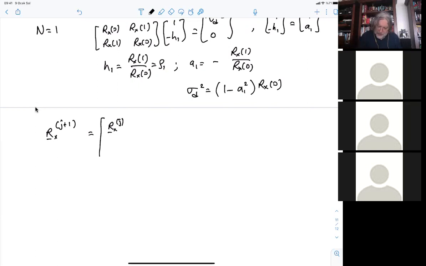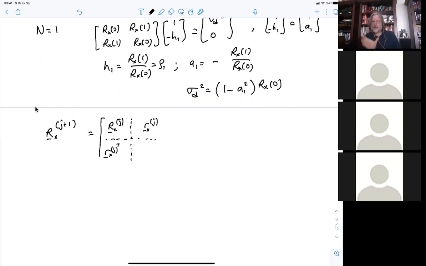So it's a matrix, and it's augmented from the right hand side with a column vector, and that same column vector transposed, let me put a T here, transposed will become a row vector.